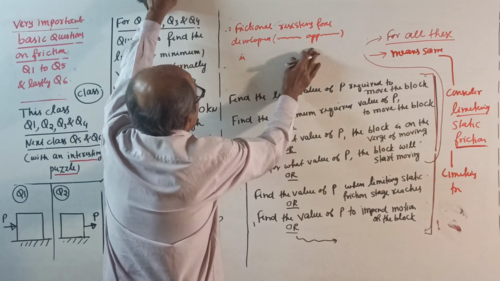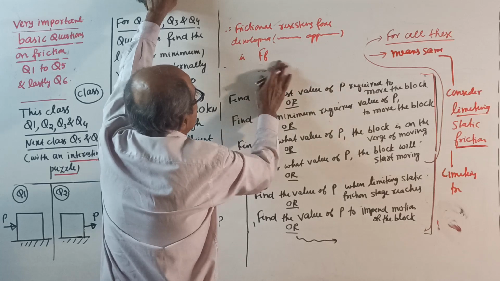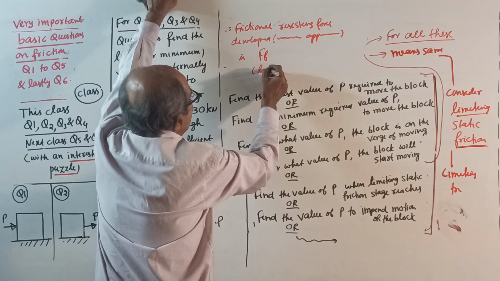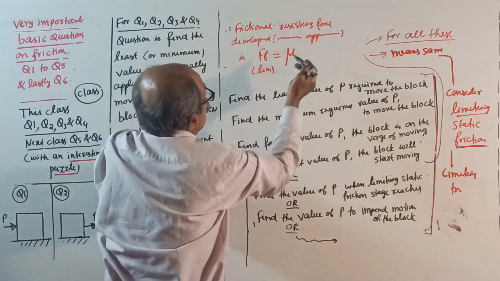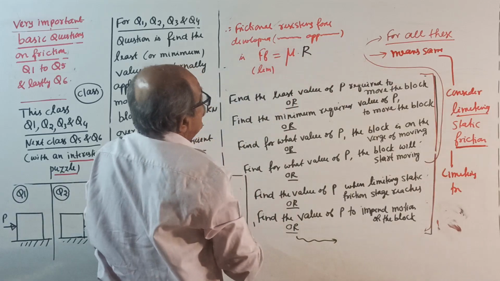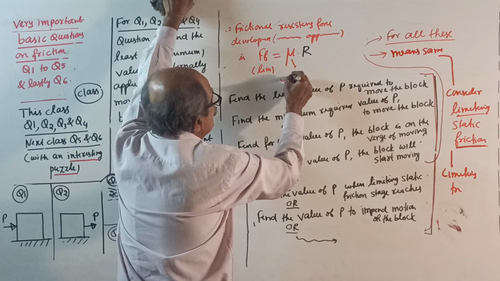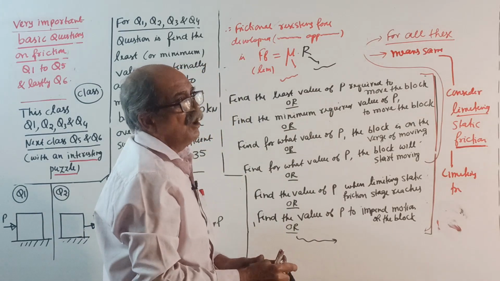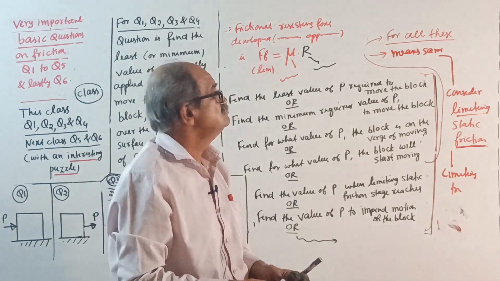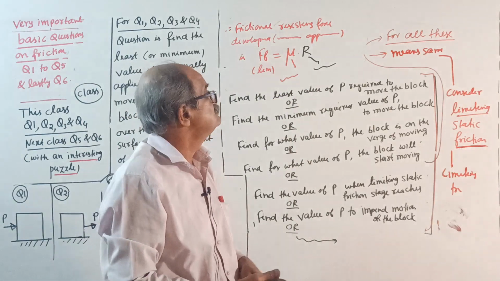Sorry, is F_F limit. That is F_F limit equal to mu into normal reaction R. Right here, mu is, you write here, the coefficient of friction, R is the normal reaction. This is all I told earlier. Write all this note. Next, further discussion I will make later.